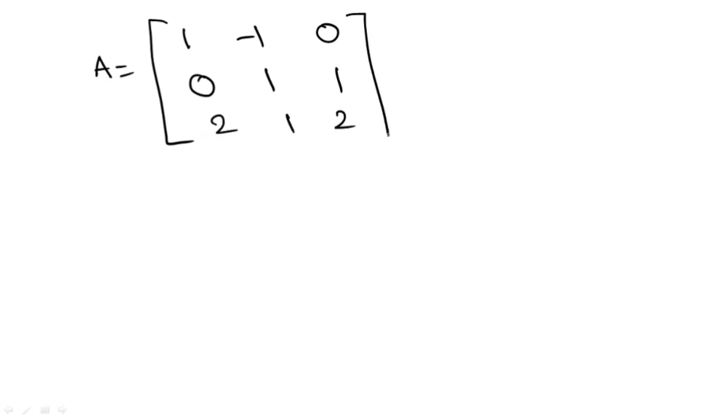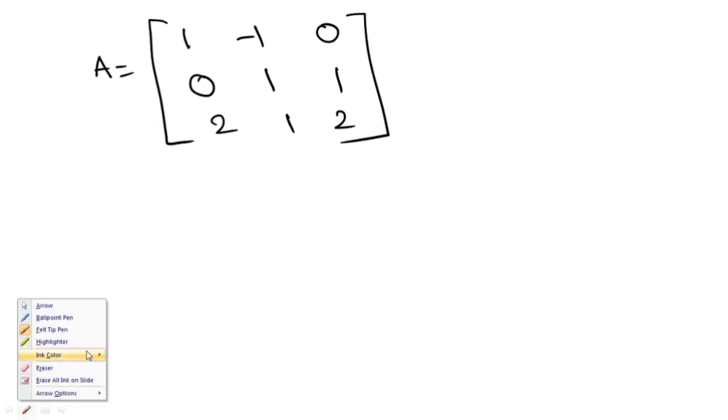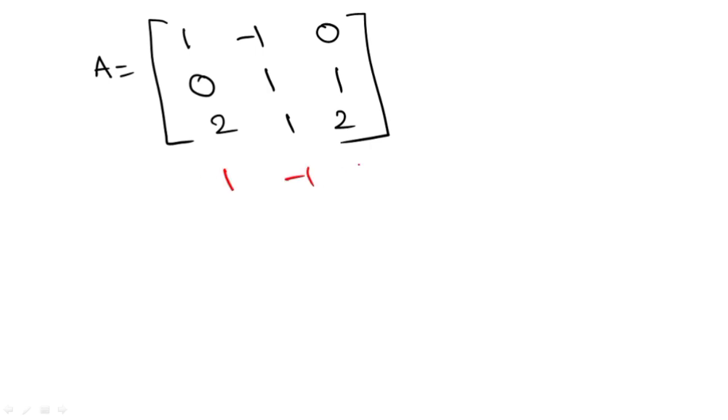A is 1, minus 1, 0; 0, 1, 1; 2, 1, 2, that is the given matrix. See here what you have to do: repeat the first row and second row, and repeat the first column.